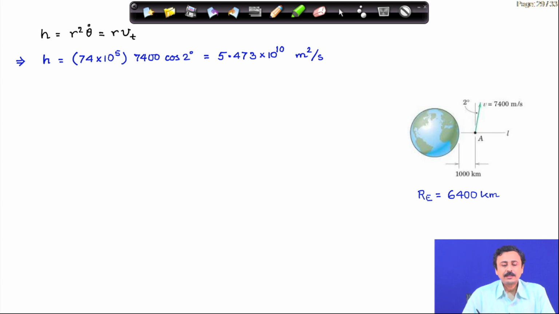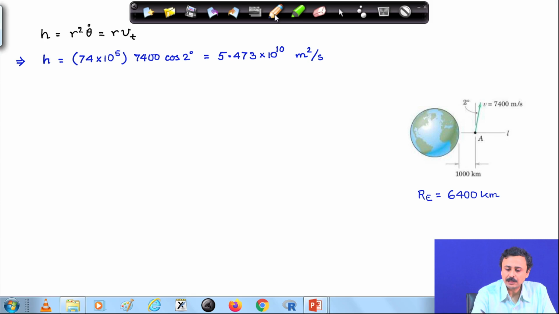First, we calculate the angular momentum per unit mass. We are given this velocity and the speed at this point, 7400 meters per second at an angle of 2 degrees. Therefore, I can calculate the tangential velocity first. v_t, the tangential velocity, can be calculated as v times cos 2 degrees, this projection in this direction.